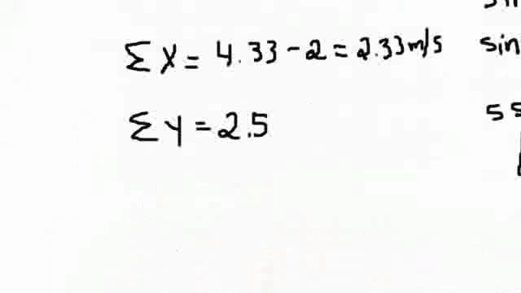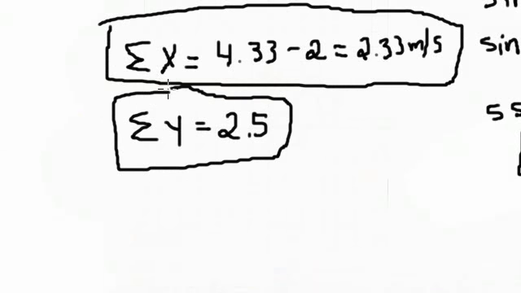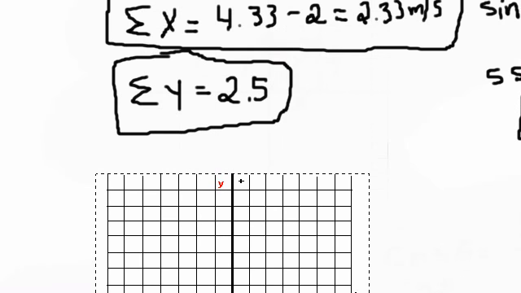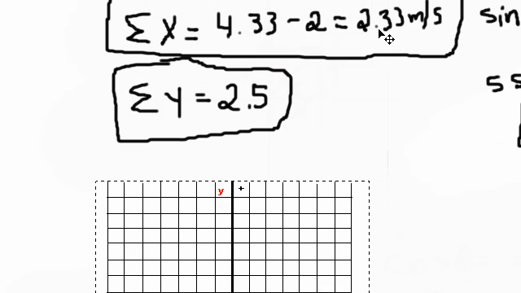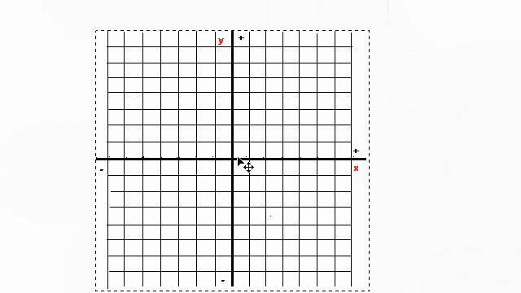So right now we found the sum of the x components, and we found the sum of all the y components. Once you find the sum of all the x's and the sum of all the y's, you need to create a totally new graph with this piece of information. Okay, so I'm going to draw a vector now, and we're going to say the vector is going 2.33 meters per second this way.